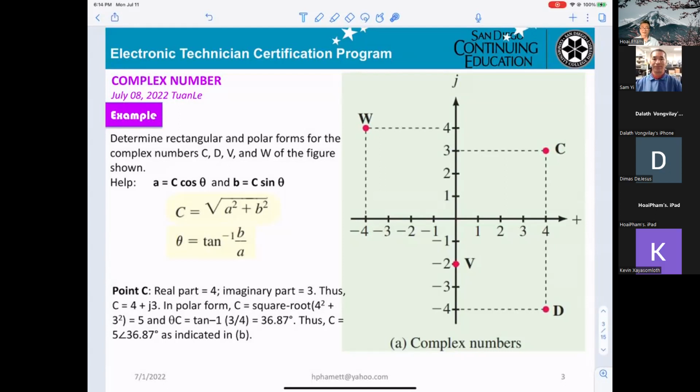So the first thing, for point W in rectangular, who can give me the answer?